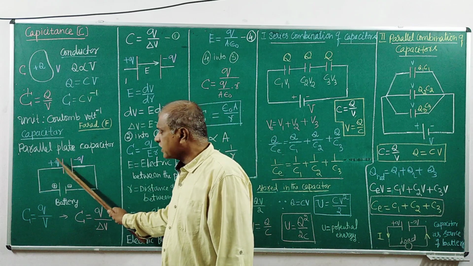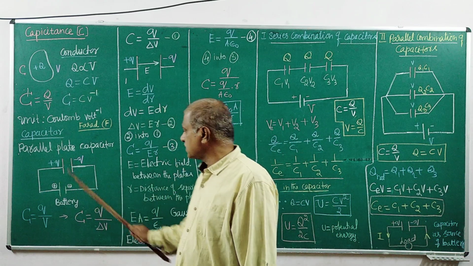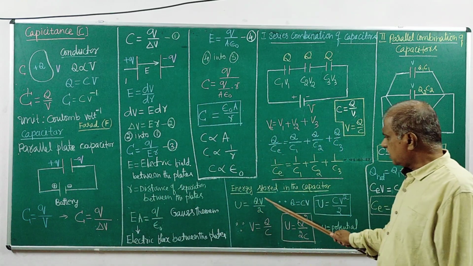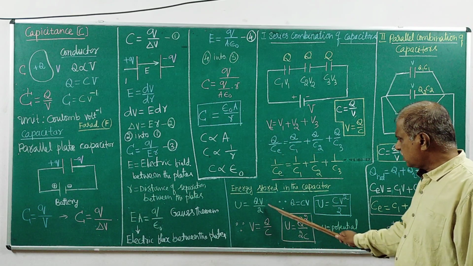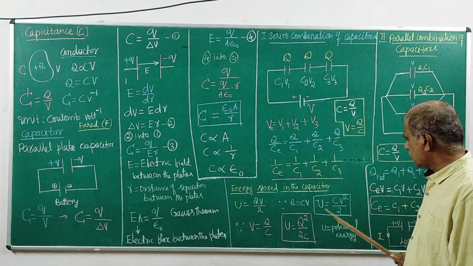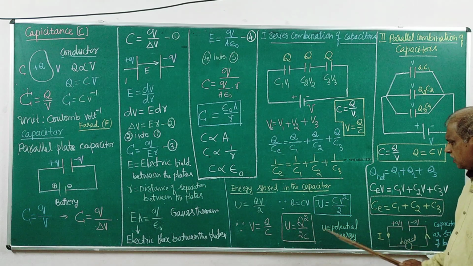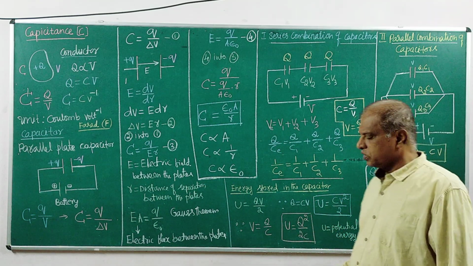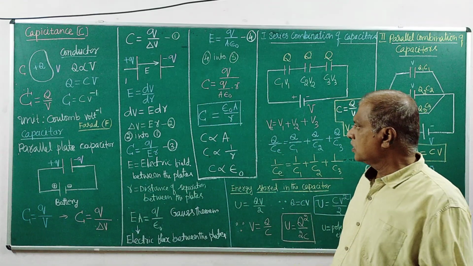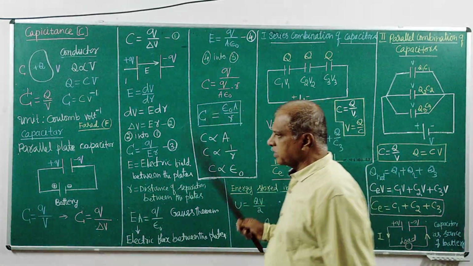The energy stored is either QV by 2, or CV square by 2, or Q square by 2C: in terms of Q and V, in terms of C and V, in terms of Q and C. All are important for solving problems.